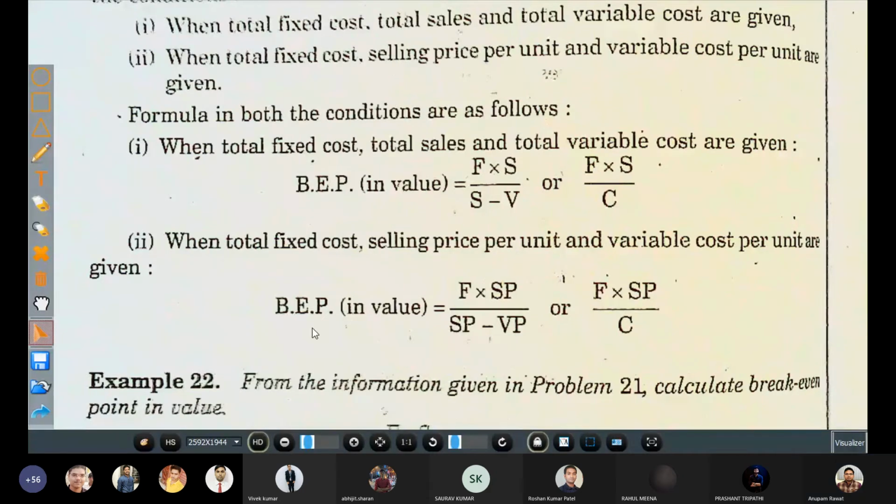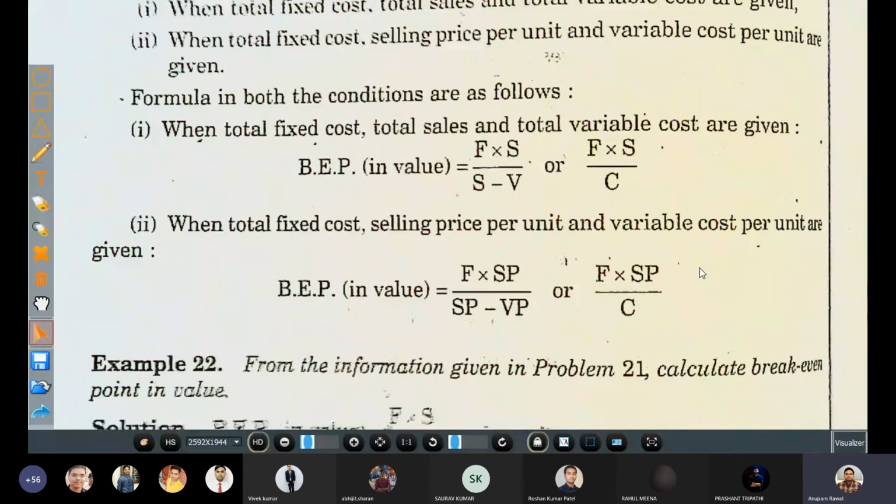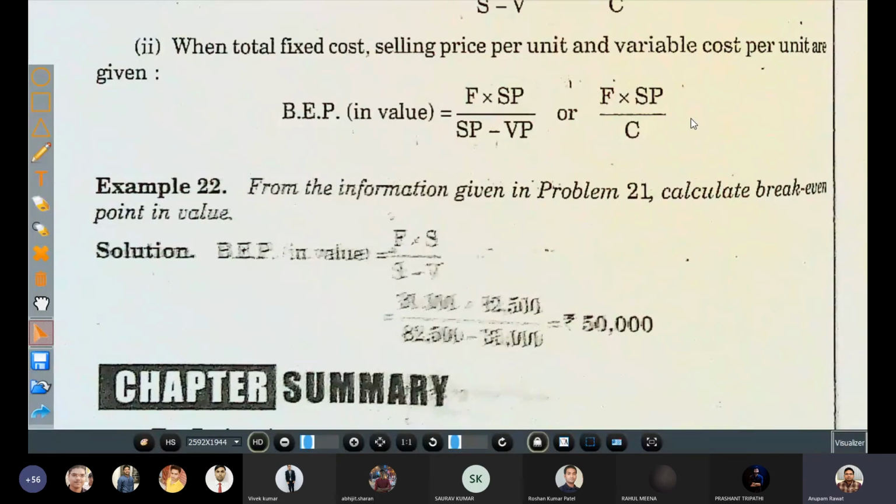So total fixed cost into selling price divided by the contribution. Let us see this with the help of an example.